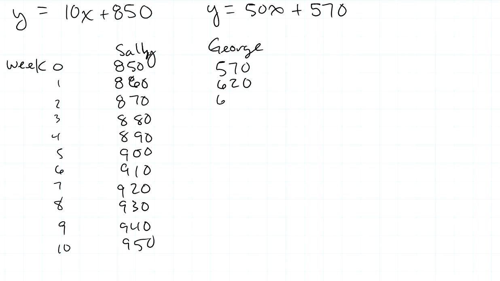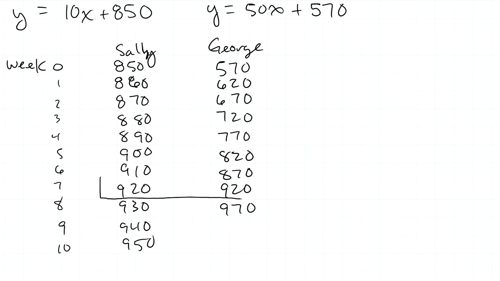Plus 50 should be 670, and that should be 720, and then 770, and then 820, and then 870, plus 50 would be 920. Aha! I could go another one. The next one after that should be 970. But you can see at this point we would stop because Sally and George's scores are both 920 at week 7. So at week 7, they have the same score.